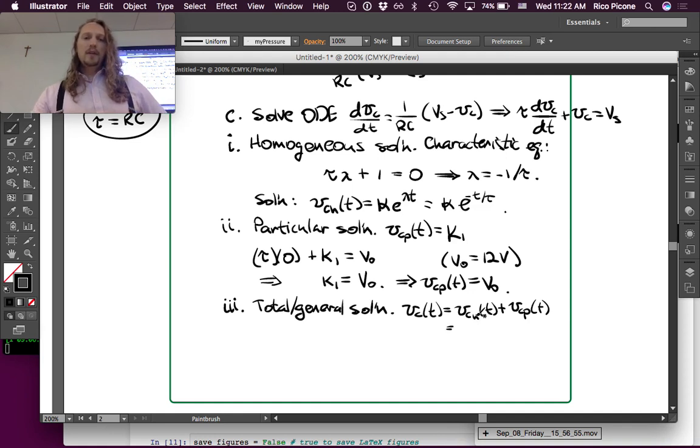So VC homogeneous is, from up here, kappa, we haven't figured out what kappa is yet, right? Kappa e to the minus t over tau, plus VCP, which is just V0, right?